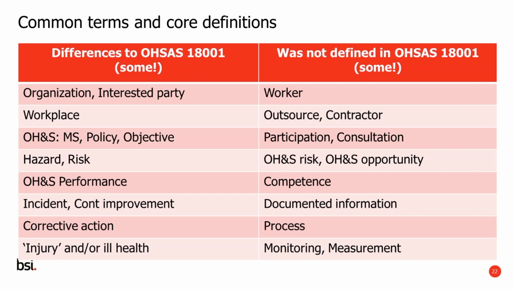Performance has been revised, as have occupational health and safety performance, incident, continual improvement, and corrective action. It's no longer preventative action now, again to line up with the high-level structure. Preventative action was the action to address a potential risk, so that has moved from the reactive checking stage all the way to the planning stage.